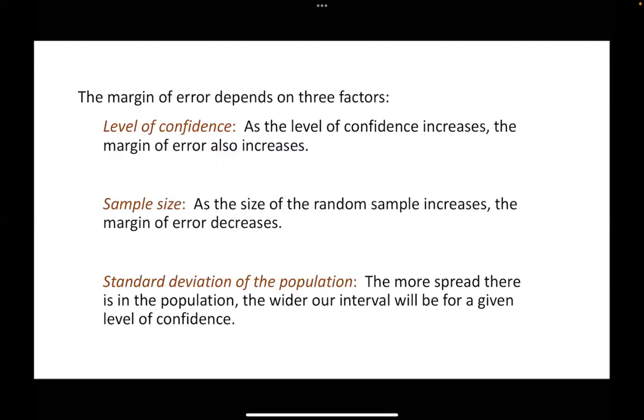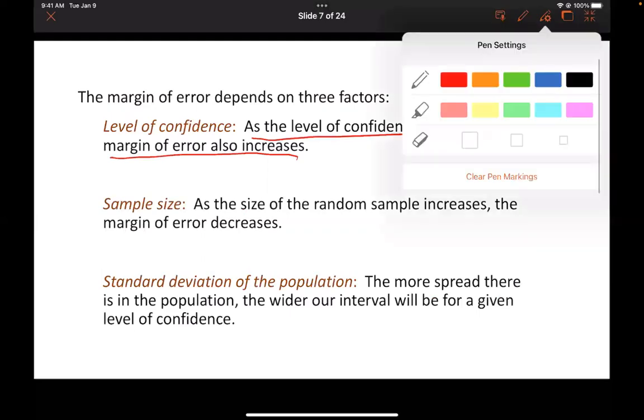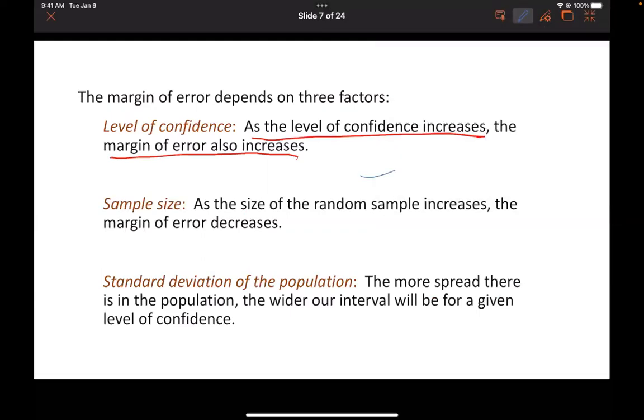As my level of confidence increases, my margin of error is also going to get bigger. So if I have to be 99% confident, then my margin of error is going to be bigger. Just think about z-scores. A z-score for 99% is going to be larger than the z-score for 95%.